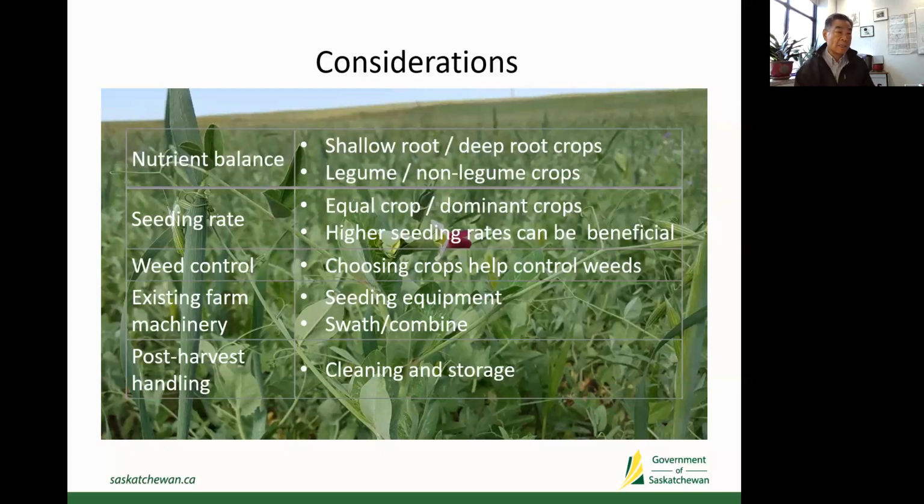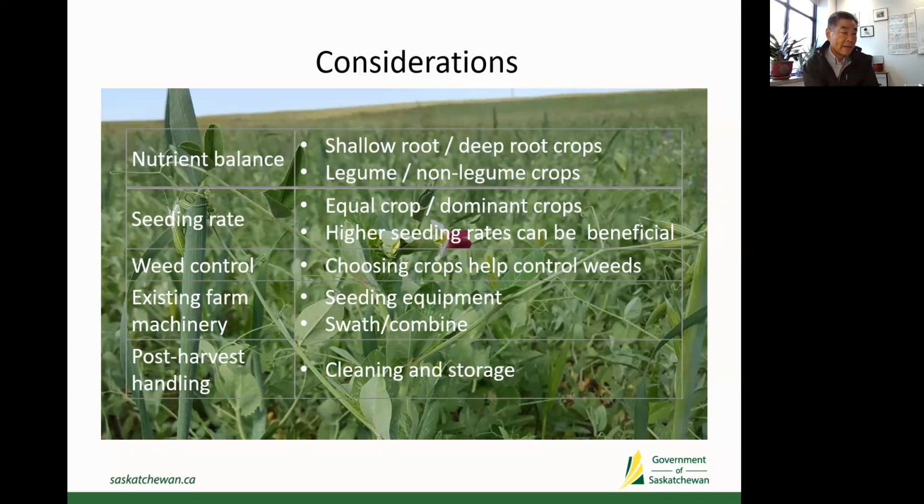And weed control: you need to choose a crop that helps control the weeds, particularly when your weed pressure is high. And if you have a clean field that doesn't have huge weed pressure, then you have more freedom to select the crops you want.